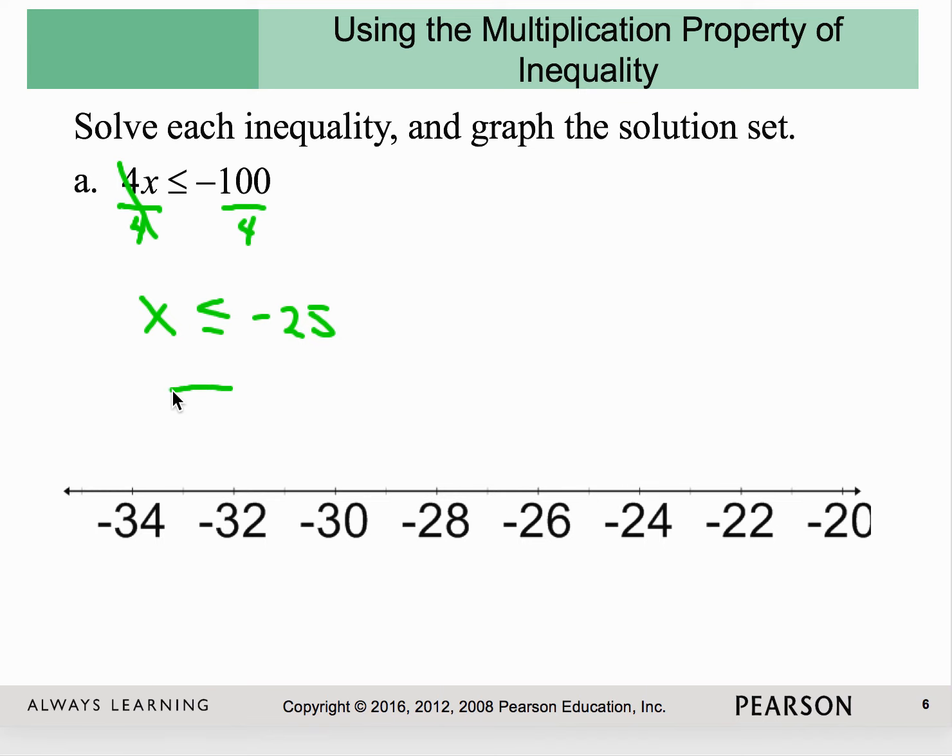This arrow is pointing that way, so that's the way I'm going to face my bracket this time. Okay, and my interval will look just like this. I've got an arrow, so that's a negative infinity, which always gets a parenthesis, and then I've got a negative 25 with a bracket on it.